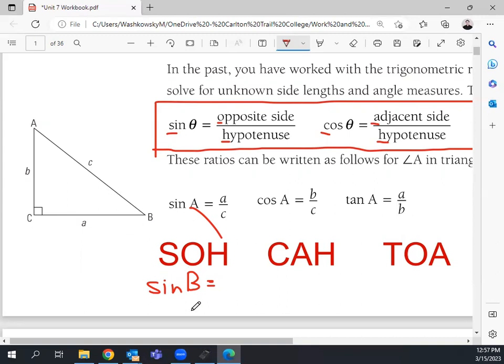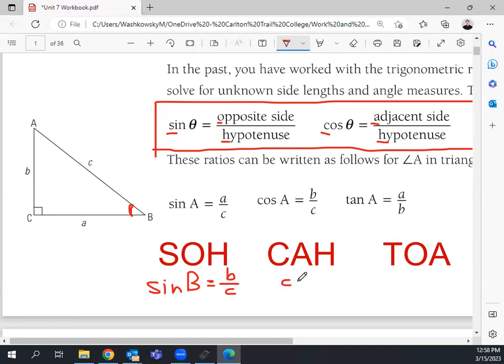So if I want to find sine of B in this case, we know our formula, right? It's opposite over hypotenuse. So that's this angle here. What side's opposite here? And then what side is the hypotenuse? Because that says H. So sine of B is equal to B divided by C, right? So that's what that would be.